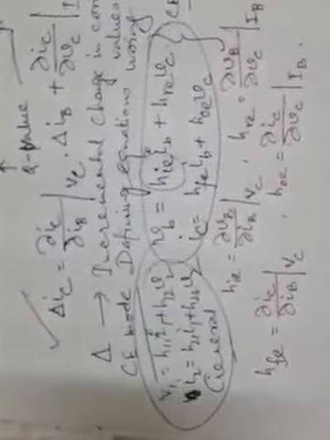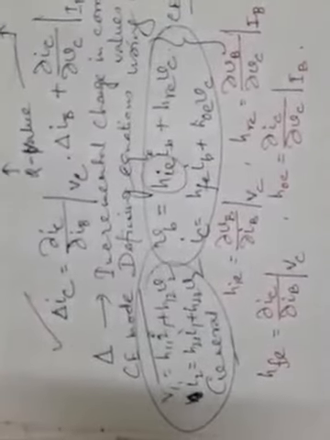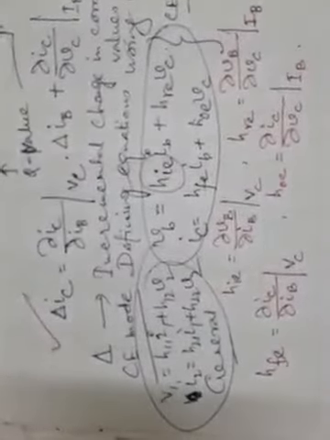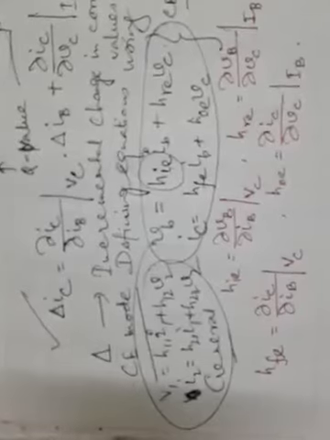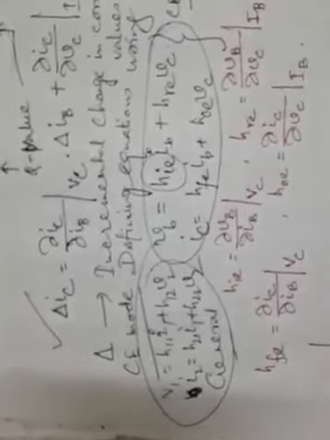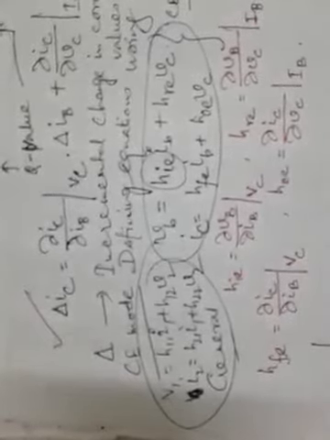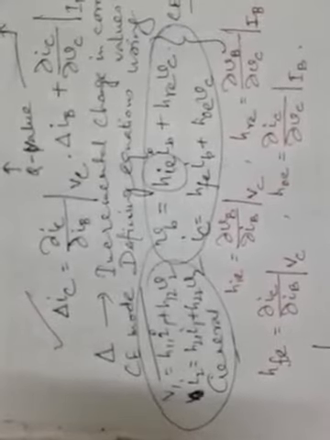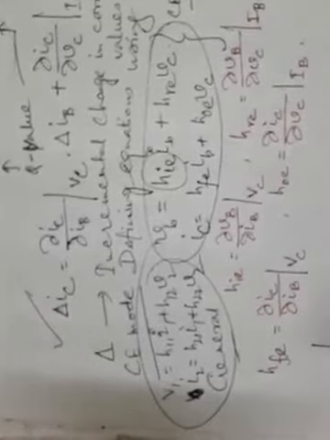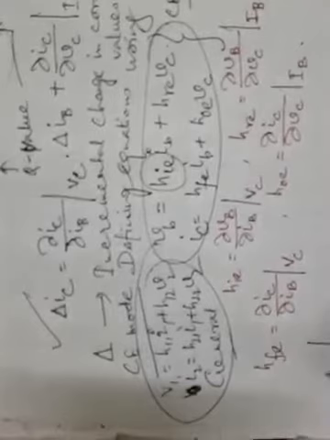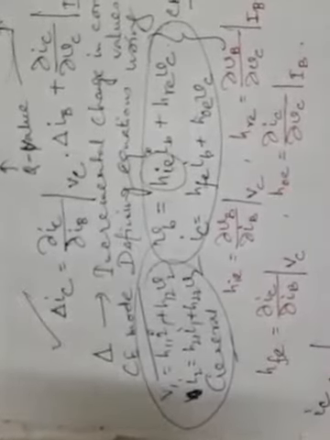Now the typical nature of the output characteristics for a common emitter transistor circuit can be drawn like this. This is VCE or VC, that is the collector emitter voltage, and on the y-axis it is the instantaneous collector current.